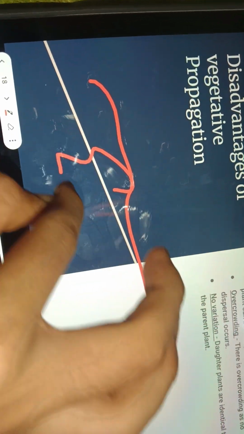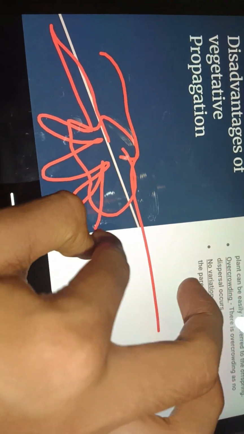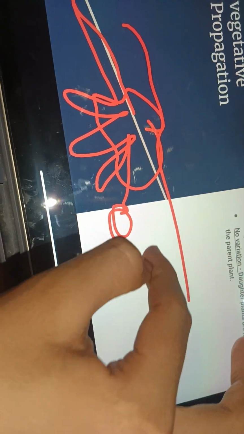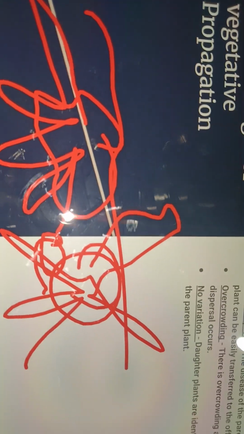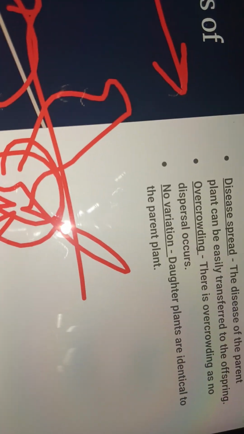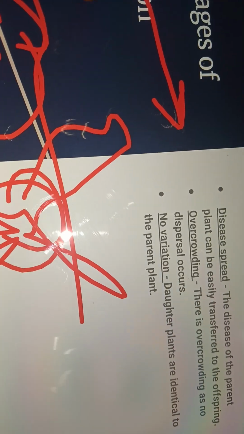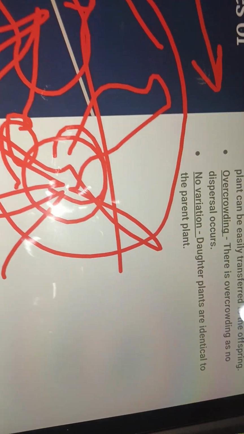Since it will grow from the roots, when one more plant is planted over here, it will grow. So when it grows, there will be competition for the nutrients. So one will properly grow and one won't. There is overcrowding as no dispersal occurs, because in dispersal it is sent far apart. But in vegetative propagation, it is not sent far apart. It is grown in one area itself. Is that clear?